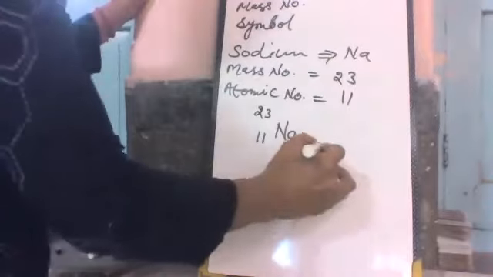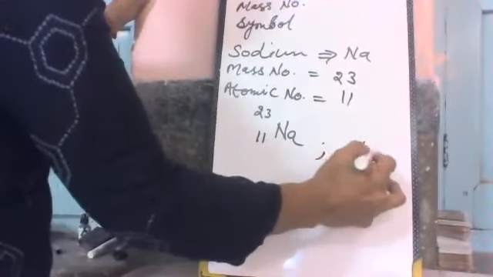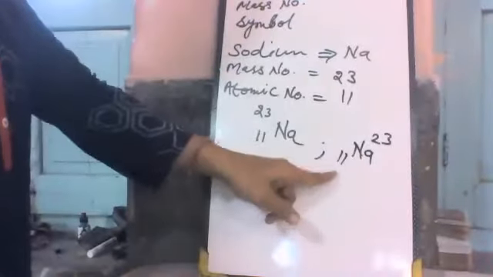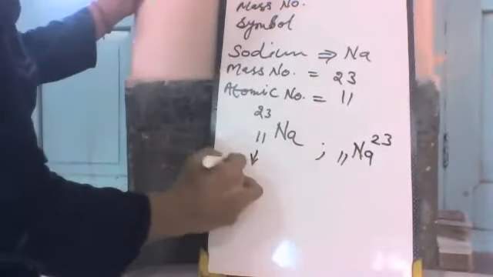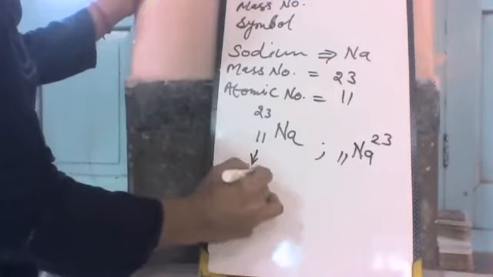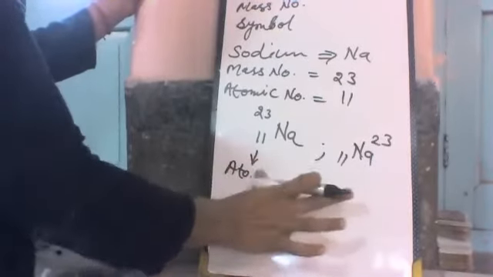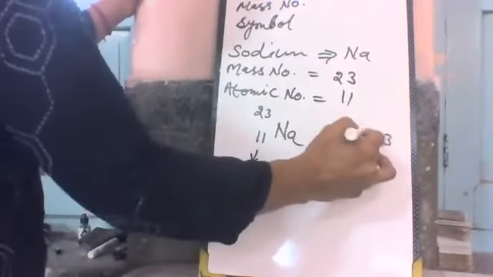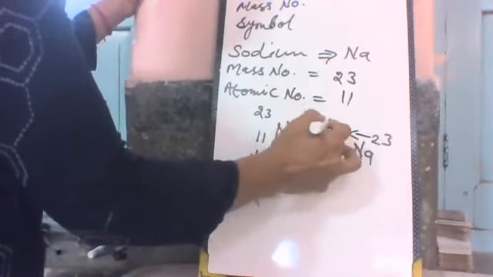We can write in this way also: 11 and 23. 11 is the atomic number, and this 23 is the mass number.